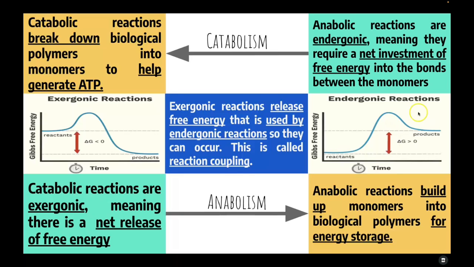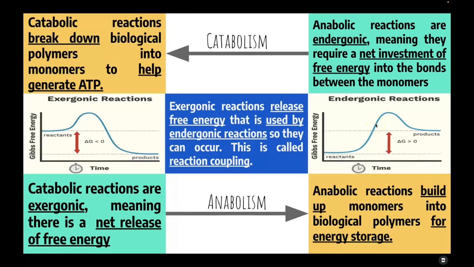Exergonic reactions, we said, are going to release free energy. So you could think of this like rolling a ball down a hill. You don't need much energy for this to occur. Endergonic reactions, you're going to need energy. So think of pushing a ball up a hill. If you had to push something, you'd need more energy.